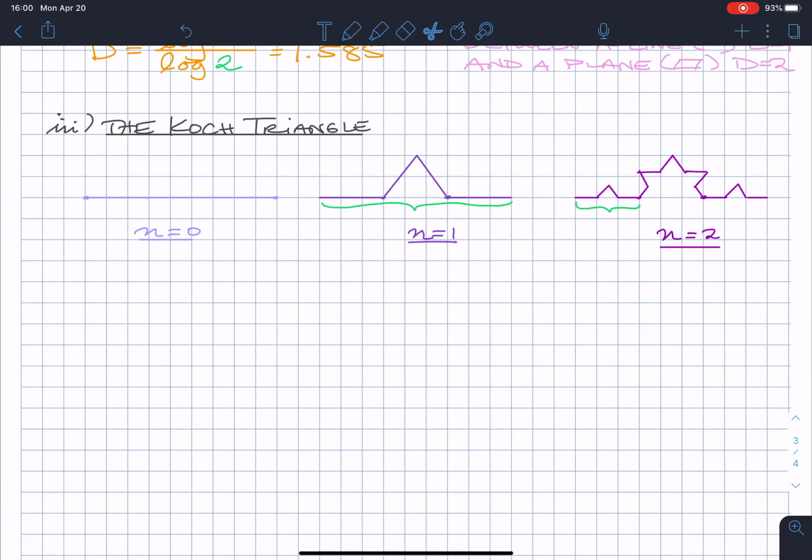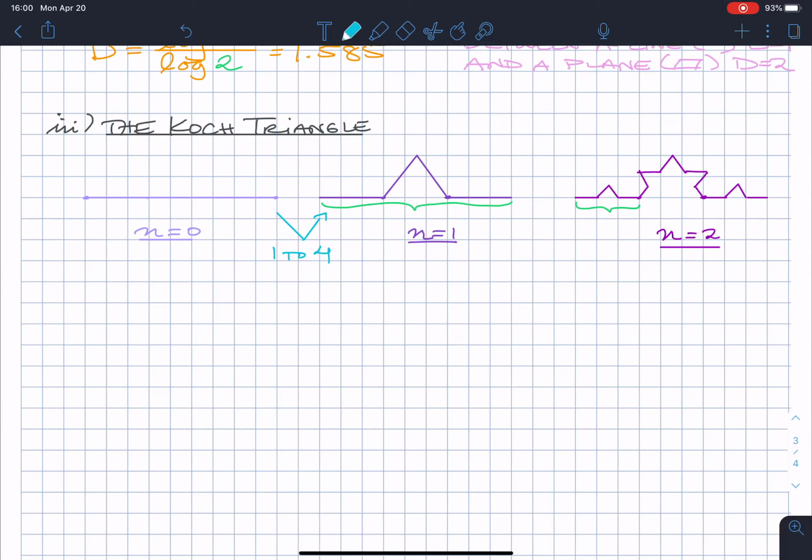Okay, so how many self-similar objects do I have, or replicas? Well, I went from one line at the beginning here. One line. 1 to 4, right? One line to 1, 2, 3, 4 lines.